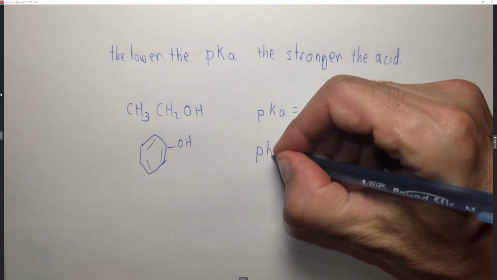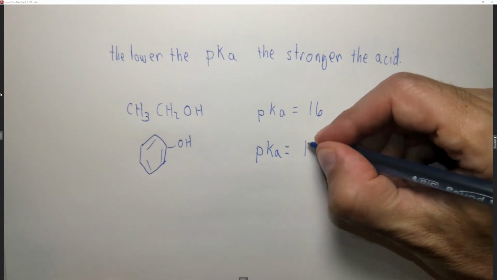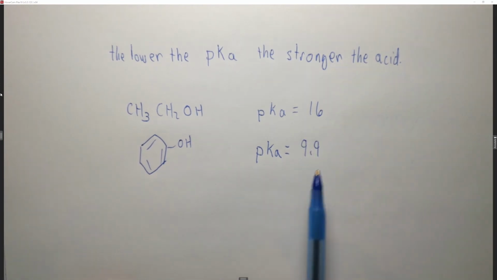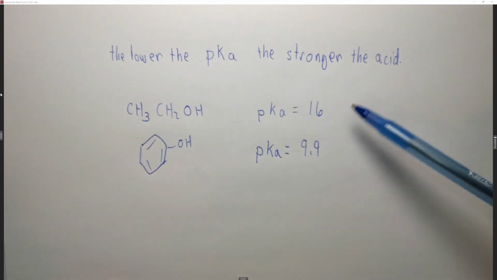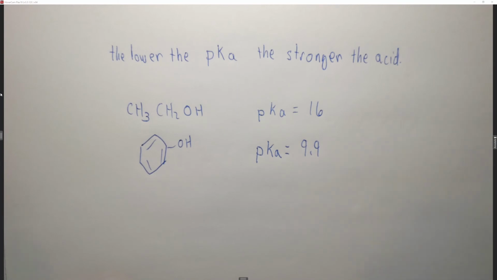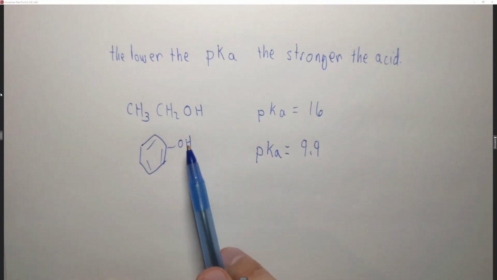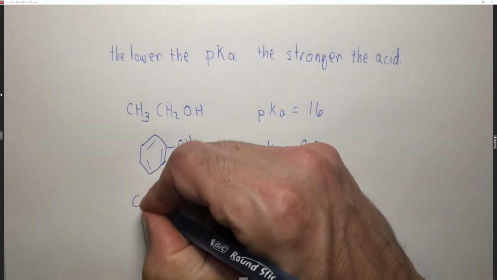The pKa of this one is about 9.9. Because the pKa of this phenol is so much lower than ethanol, we know that it's a much stronger acid. We can predict from the structure it'll be a much stronger acid because of that resonance stabilization that I was just talking about. Let's look at a carboxylic acid.